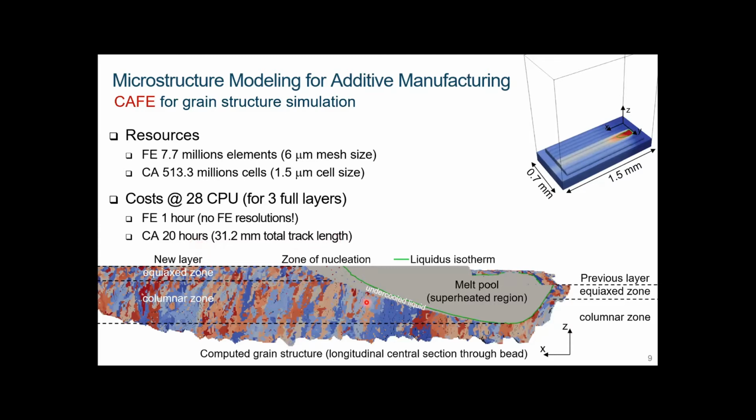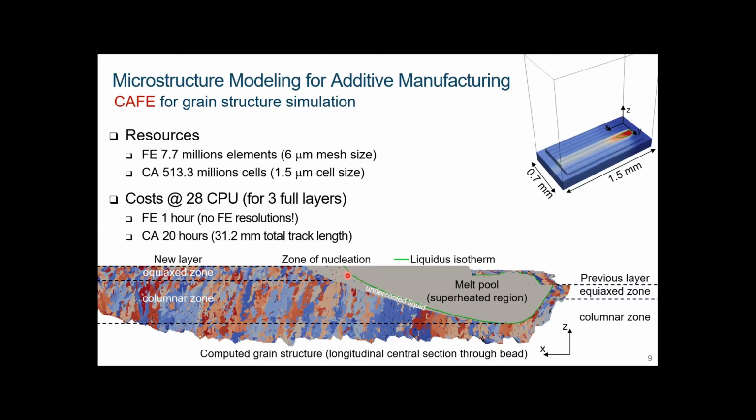This is the result: you have many columnar grains at the bottom of the melt pool, where the temperature gradient is high and the velocity is relatively low. And at the rear of the melt pool, as I introduced previously, you have low temperature gradient, high velocity.